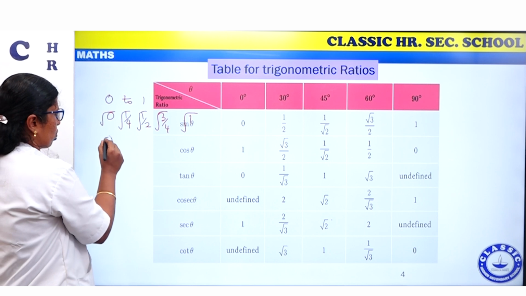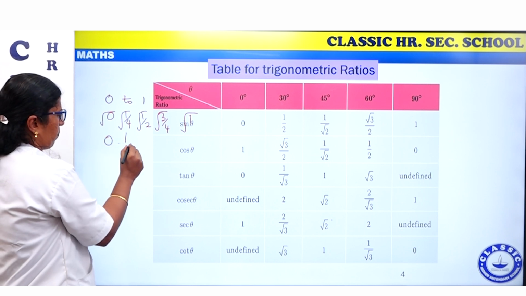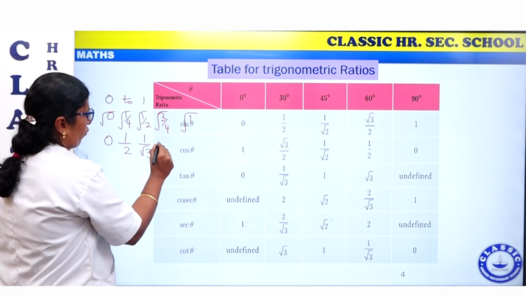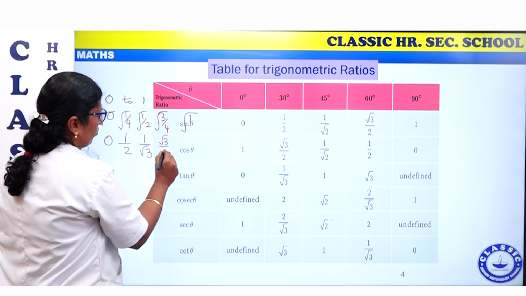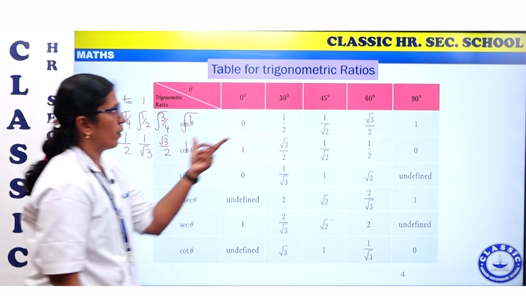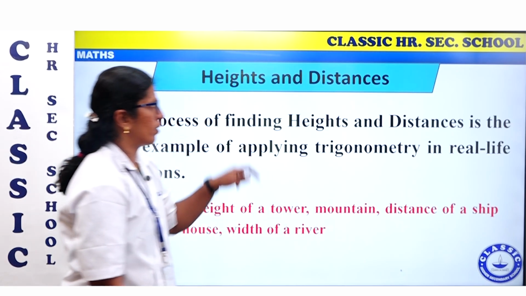Square root of 0 is 0. Square root of 1 by 4 is 1 by 2. Square root of half is 1 by root 2. Root 3 by 4 is root 3 by 2. Square root of 1 is 1. So use these values to fill in the table for trigonometric ratios.